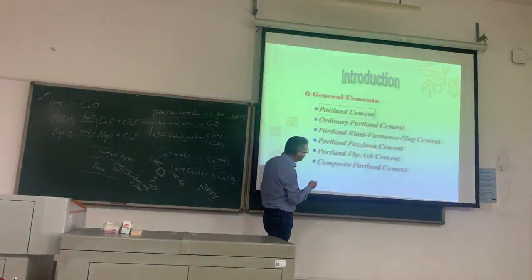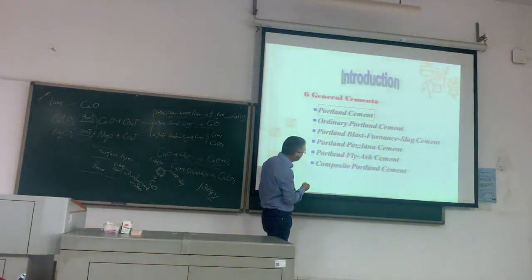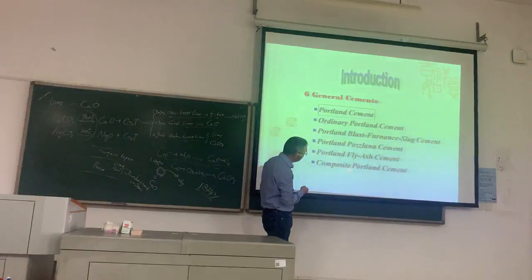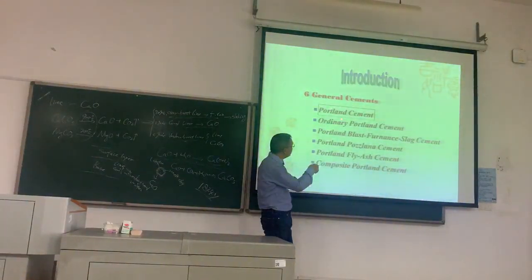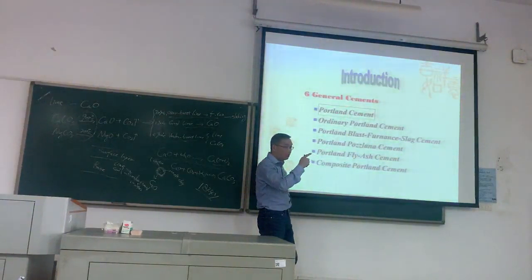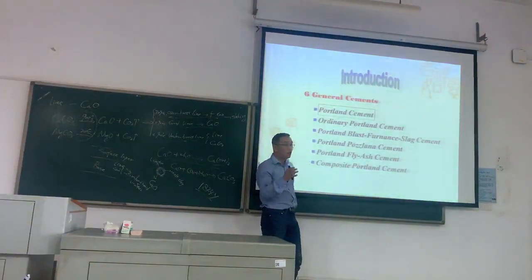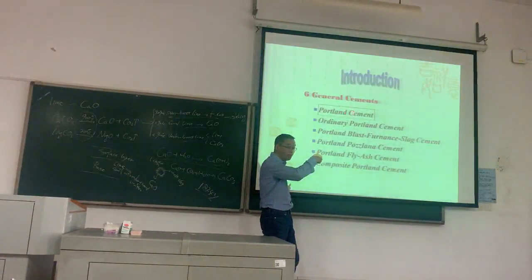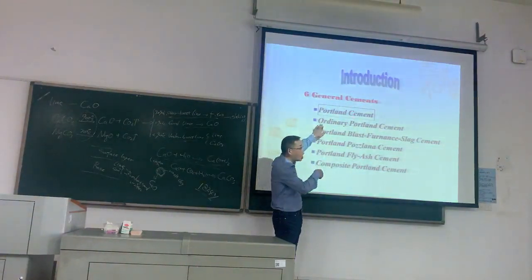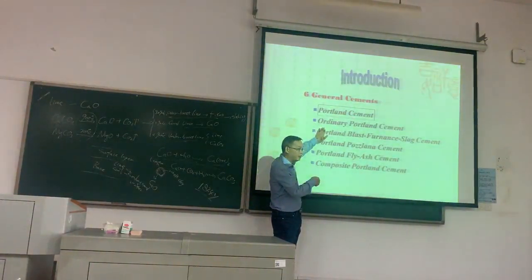And Portland cement, Portland slag cement, composite Portland cement. What does this mean? It means this is the typical Portland cement. We call it Portland cement. But when we add some mixture into the Portland cement, we can get the ordinary Portland cement.